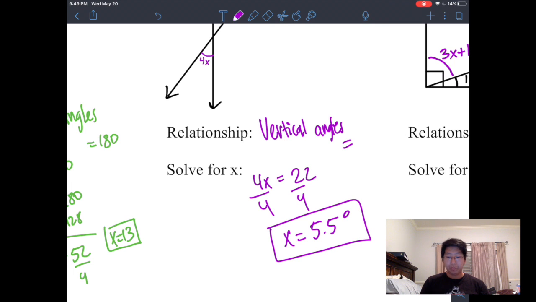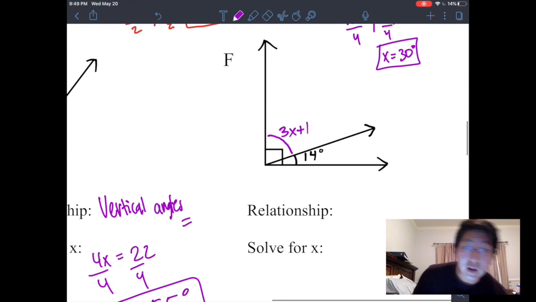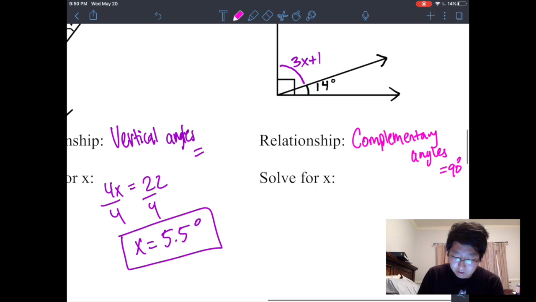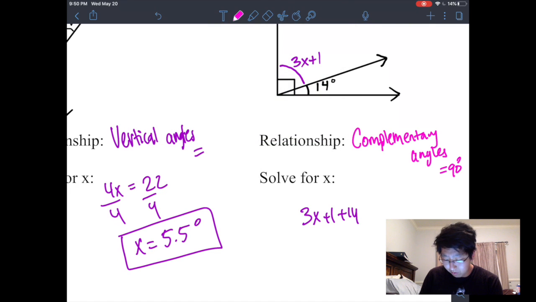Okay. This last one, they are creating a 90-degree angle. They create a corner, right? So when they're a corner, we could call it complementary. Right? And they equal 90 degrees. So we're going to take 3x plus 1, and we're going to add 14, and that's going to equal 90 degrees.